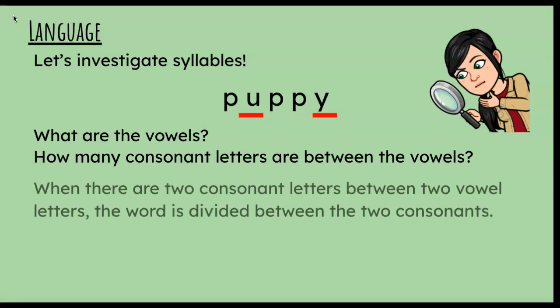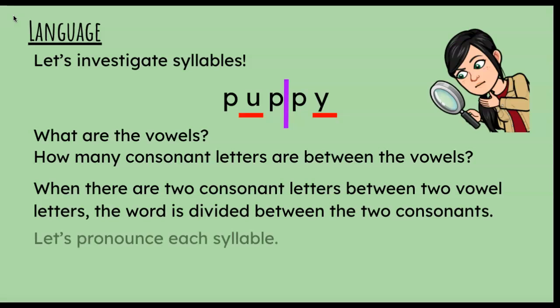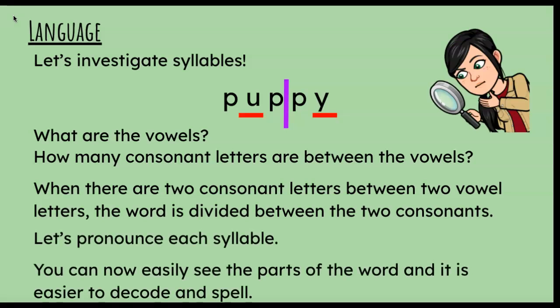We have 2, the 2 P's. When there are 2 consonant letters between 2 vowel letters, the word is divided between the 2 consonants for the syllables. Pup-py. Puppy. You can now easily see the parts of the word, and it is easier to decode and spell.